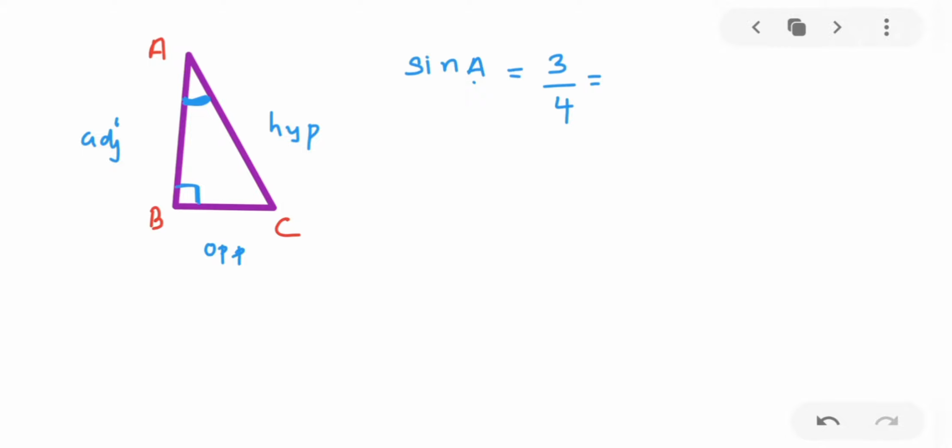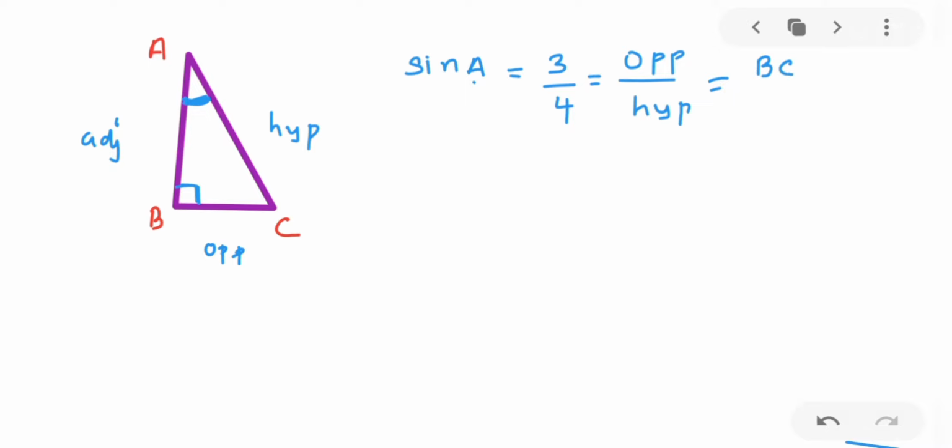We know the sine formula is opposite by hypotenuse. The opposite side is BC and the hypotenuse is AC. So 3 is the opposite side and the hypotenuse is 4, so AC becomes 4. This is equal to BC by AC.